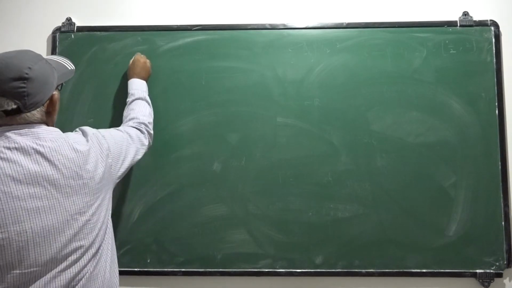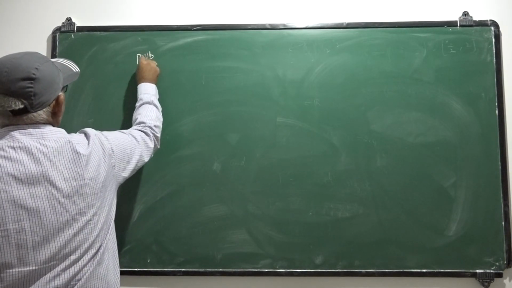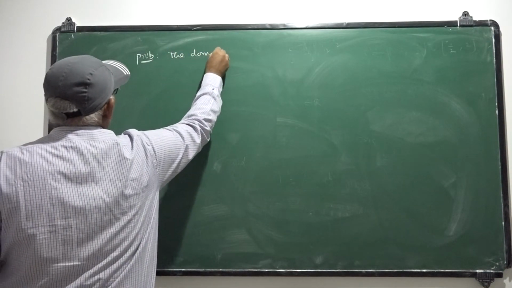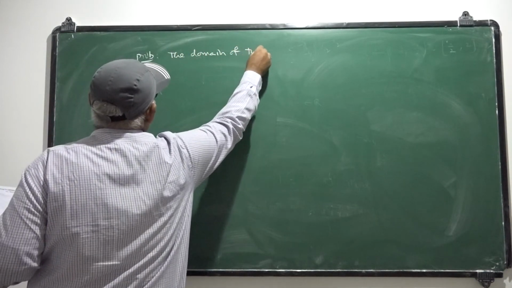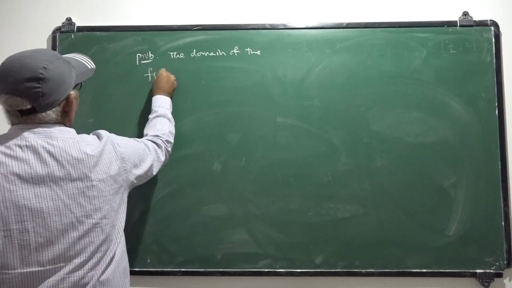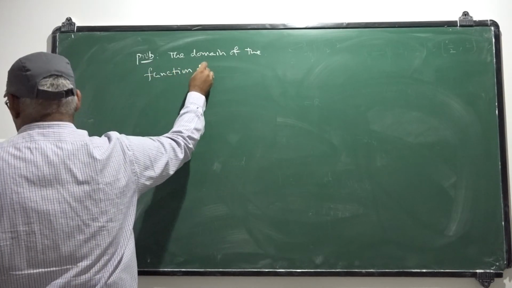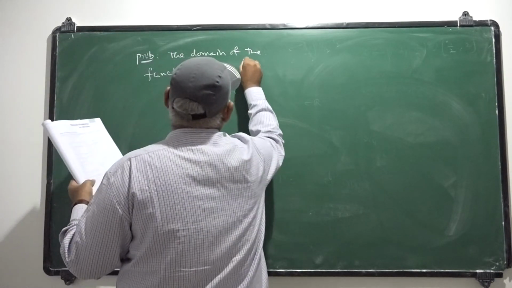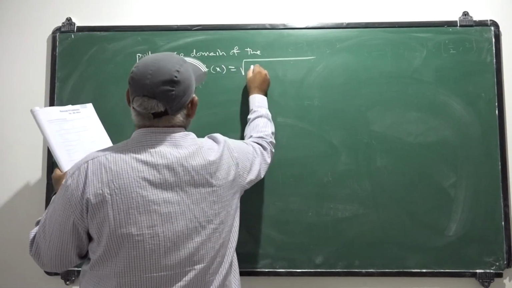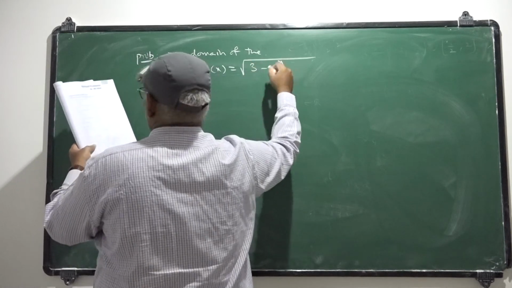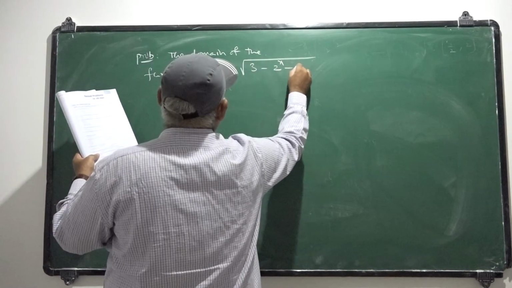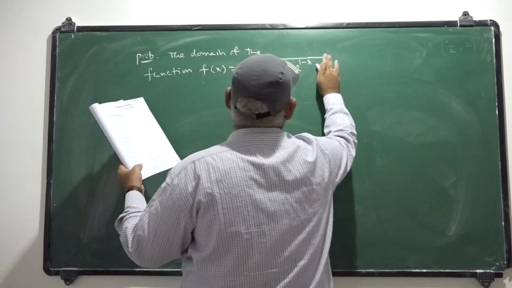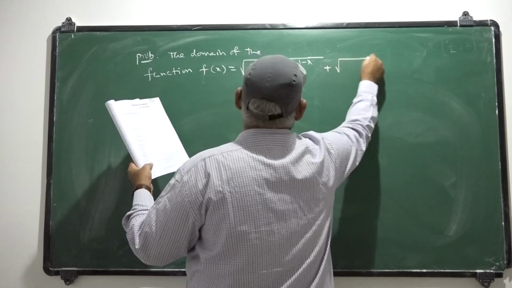The domain of the function f(x) equal to square root of 3 minus 2 power x minus 2 power 1 minus x, plus root sine inverse x.